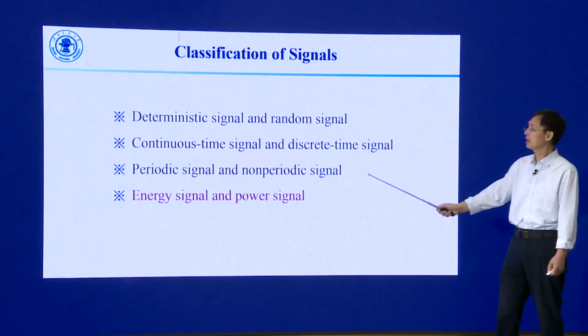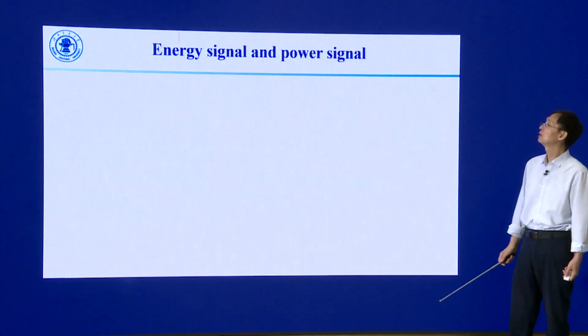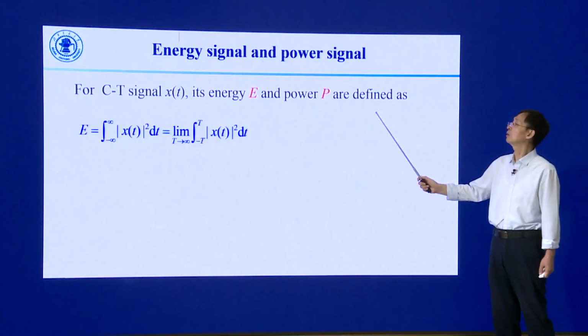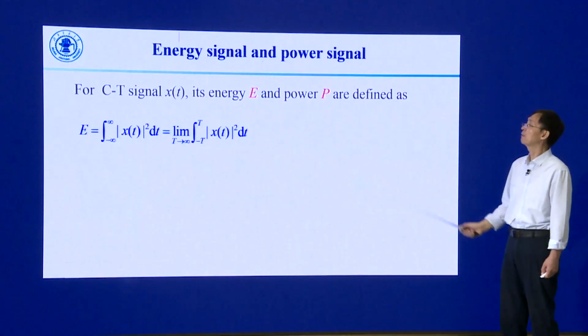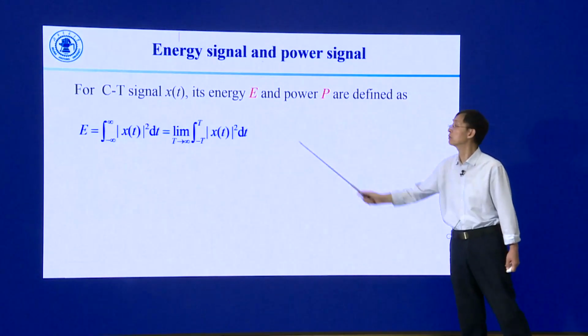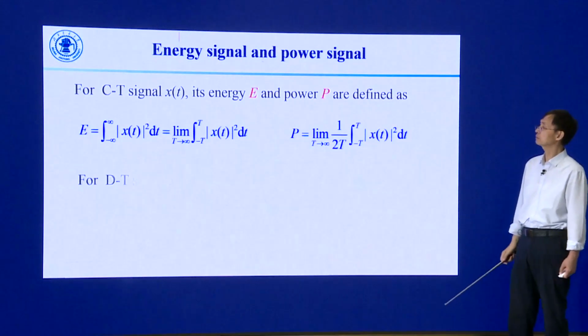Now we'll discuss the energy signal and the power signal. First, we give the definition for the energy and the power. The energy E is defined in this equation. The power is defined in this equation.